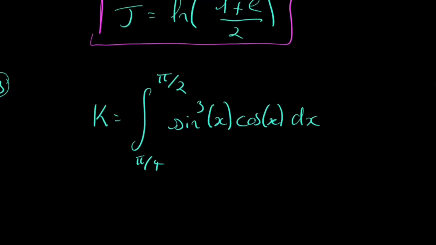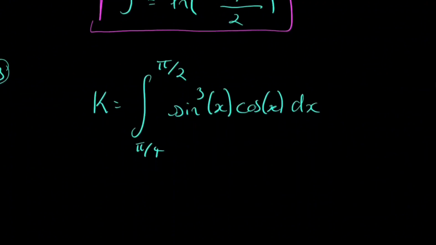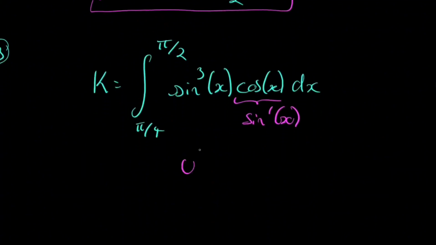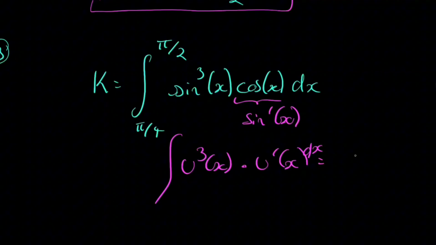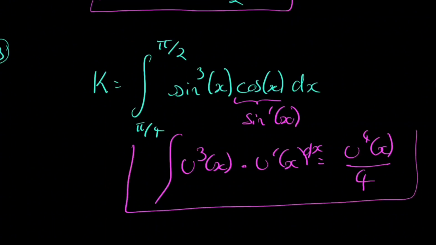Just as when we calculated J, you've got to see that cosine is sine prime of x, and so you've got something like u to the third power of x times u prime of x. And you know how to integrate that. That's just equal to u to the fourth power of x over 4. That's something you should know, and it's always the same thing.